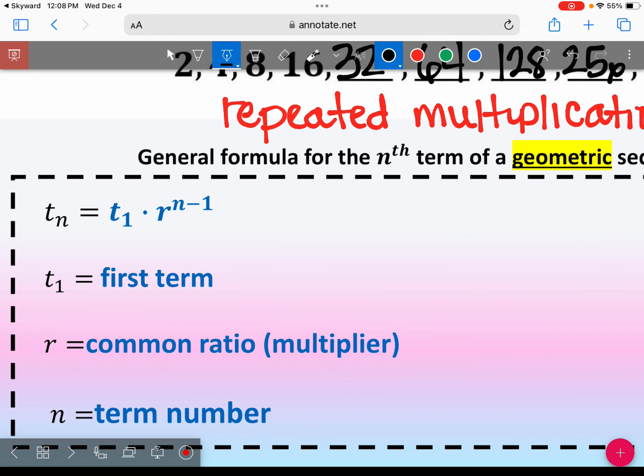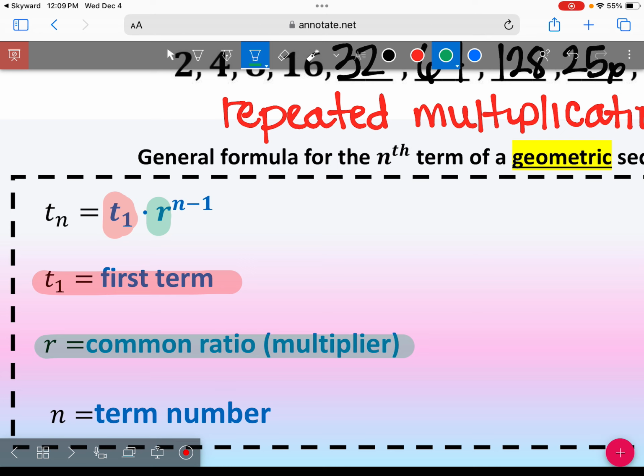We still have T1. T1 is still your first term. And then we have what we call R, which is what we're multiplying by. It stands for common ratio. So for this example, the common ratio would be 2 because I'm multiplying by 2.